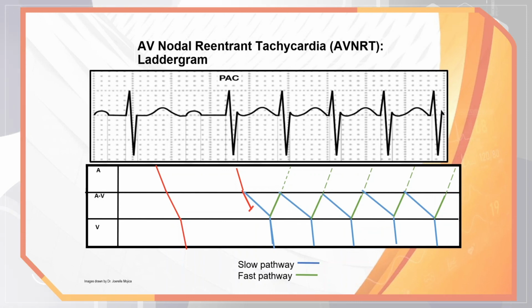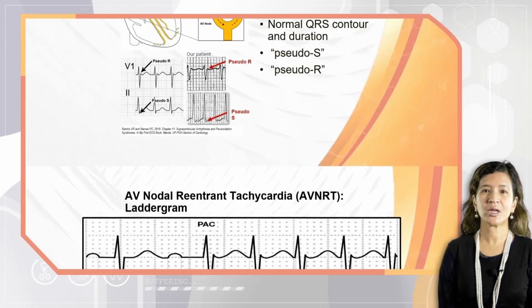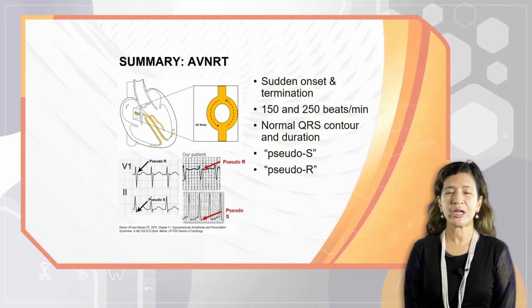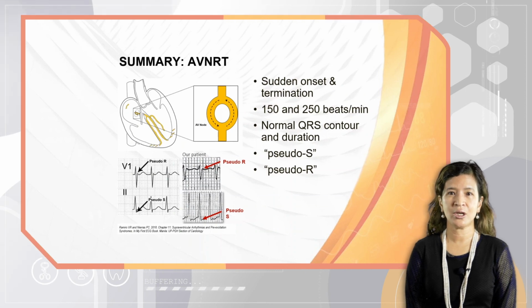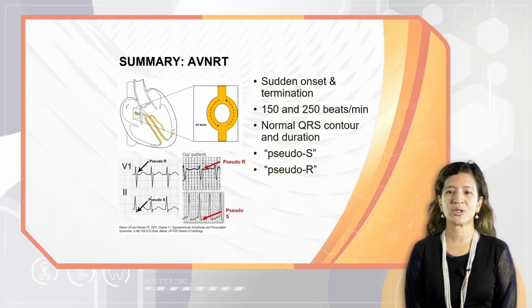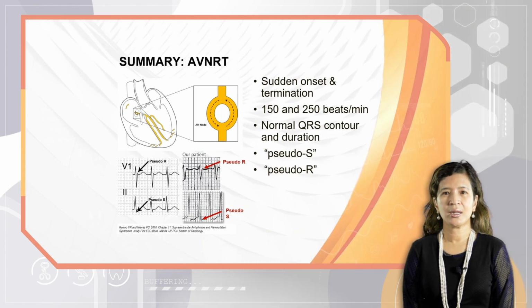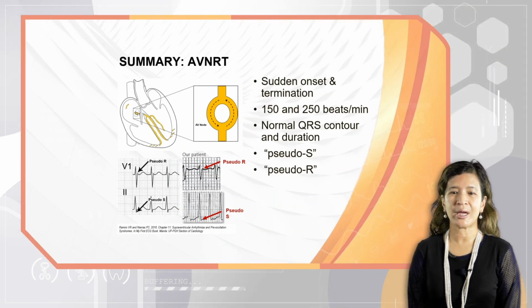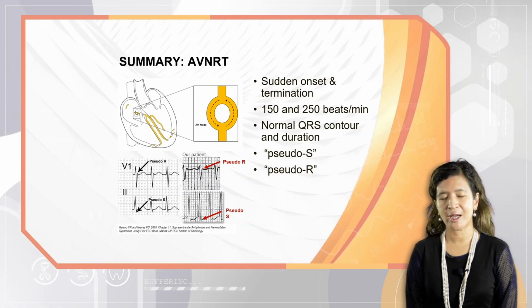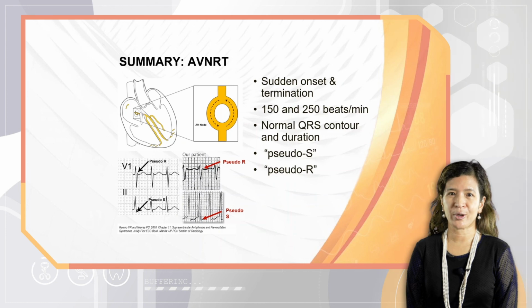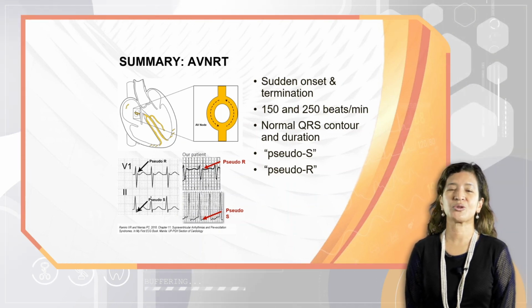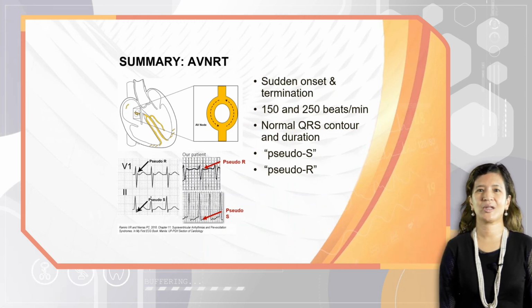In AVNRT, you have a sudden onset and termination. The rate is commonly 150 to 250 beats per minute. You have a normal QRS contour. There is the presence of a pseudo S in leads 2, 3, and aVF, and a pseudo R prime in lead V1, all representing retrograde P waves.